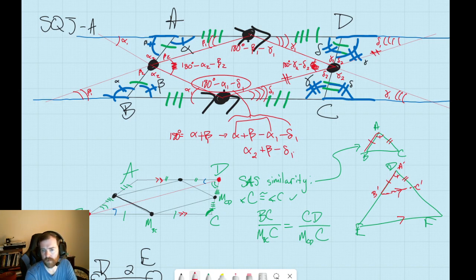Alright, we have the similarity of their sides, or at least the ratios. So DB prime over DE is going to be equal to DC prime over DF, is given.